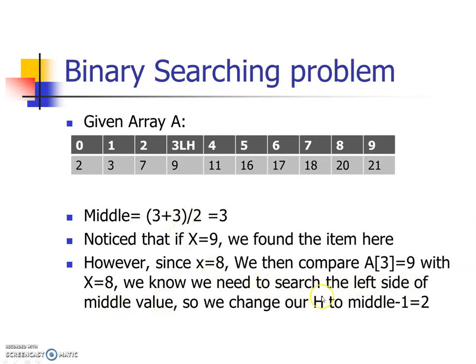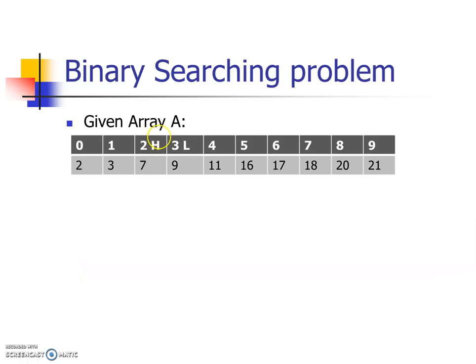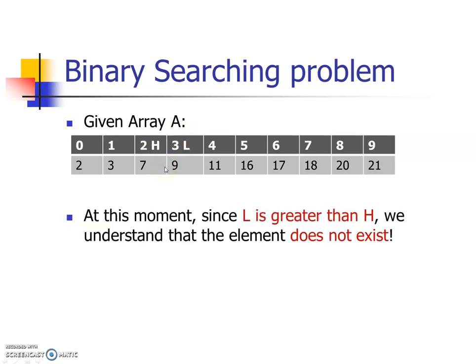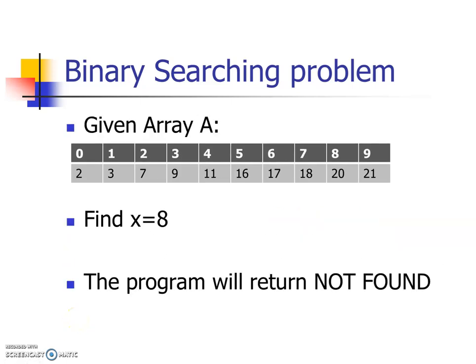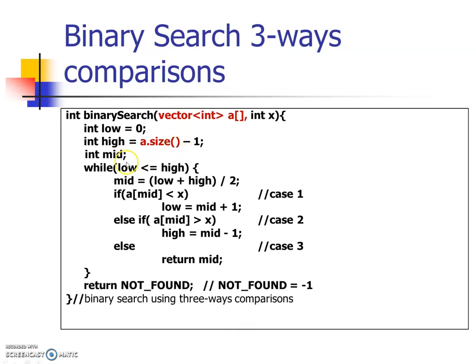So we change our high to the left side of the middle index, which equals 2. That gives us a special scenario where our low index is greater than our high index. That is when we can stop the program, indicating that the element is not there. That gives us a mechanism to detect that the element does not exist. And of course, that comes in the program: if it's not there, then we return not found.